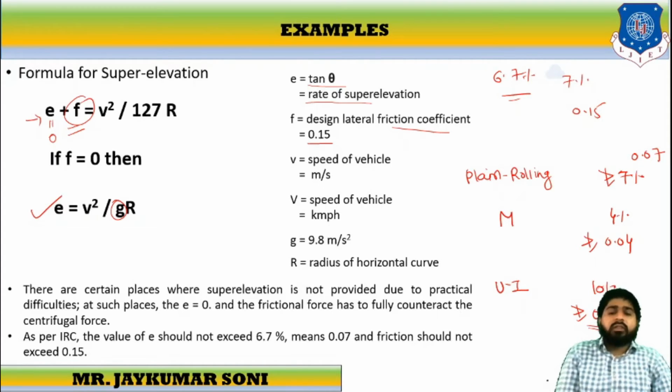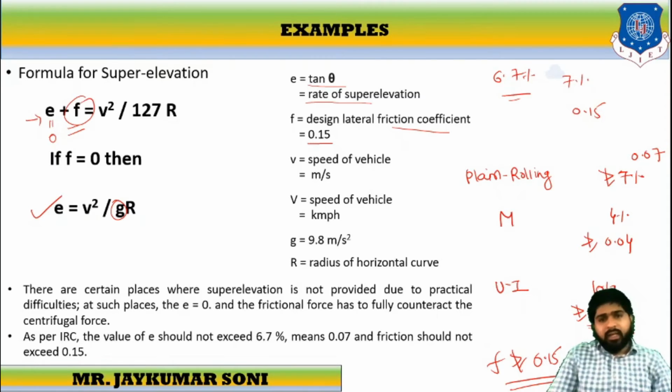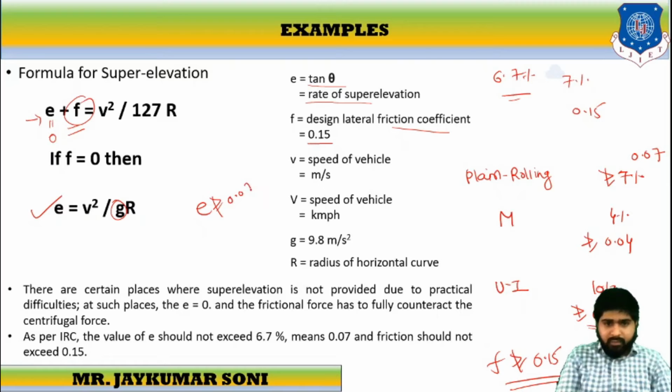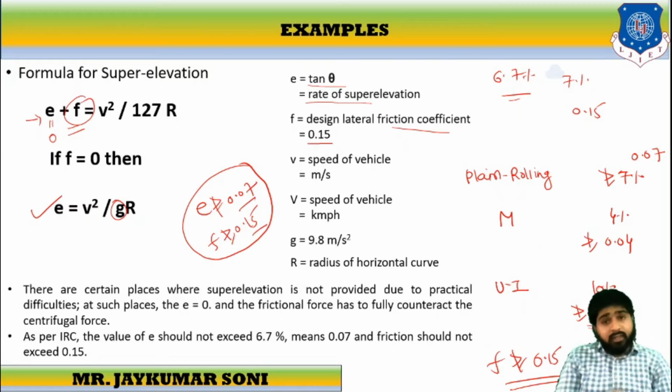These are the criteria, and the frictional coefficient should not exceed 0.15. So whenever we are doing the calculation, we have to keep two things in mind: e should not be more than 0.07 and f should not be more than 0.15. If both of these values exceed these parameters, then there are chances of error.